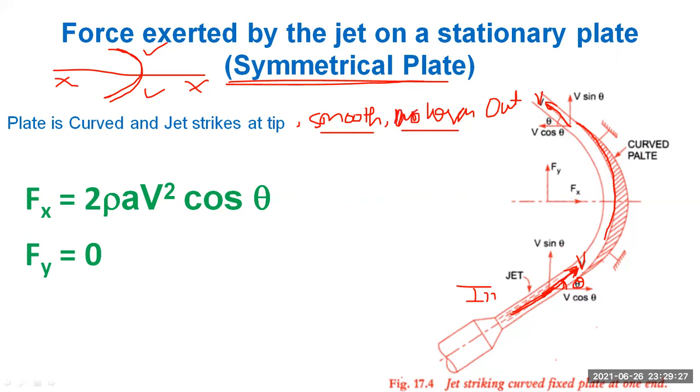And as the jet is striking tangentially at the inlet and coming out tangentially, you will have two components both at the inlet and at the outlet. As you see here, at the inlet the velocity is striking at an angle theta, so you can resolve that into two components, v cos theta and v sin theta.